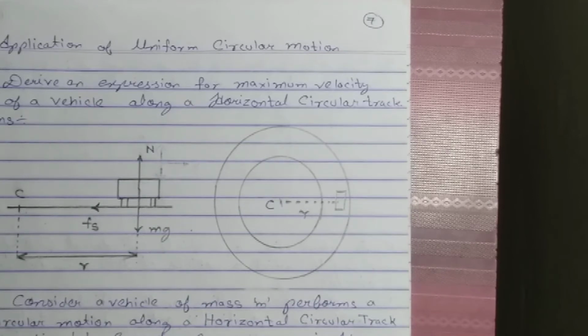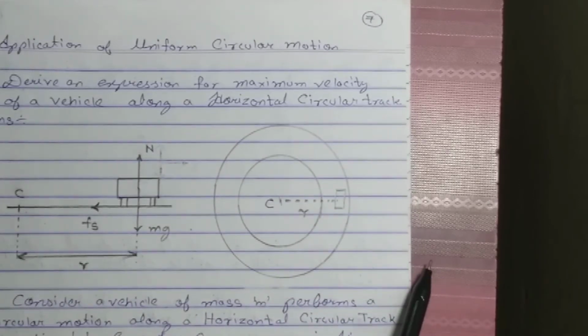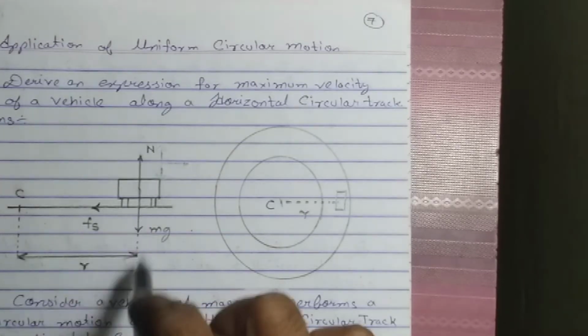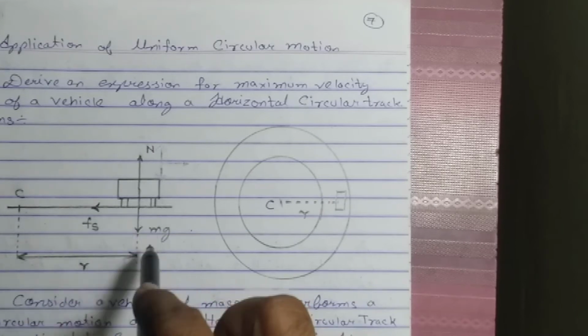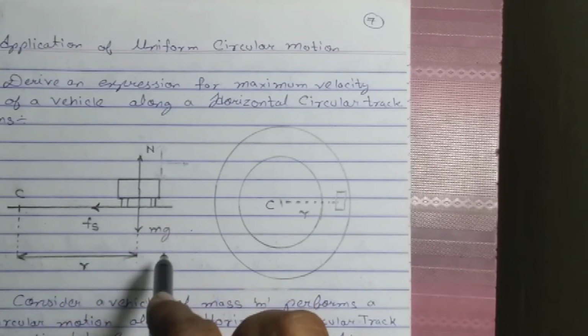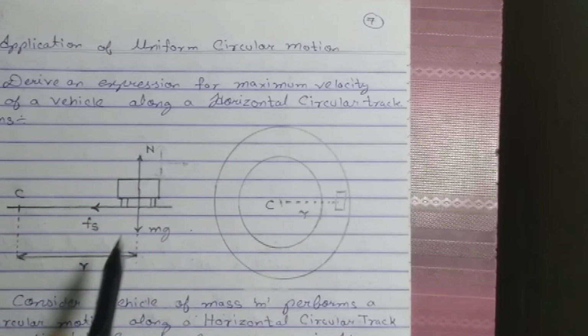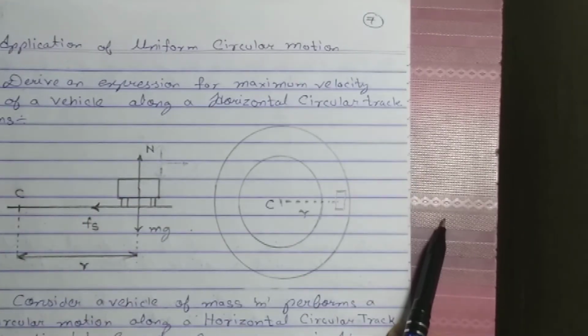Here we are going to consider the vehicle as a car. If the mass of the car is small m, then its weight, mg, is always in the downward direction.